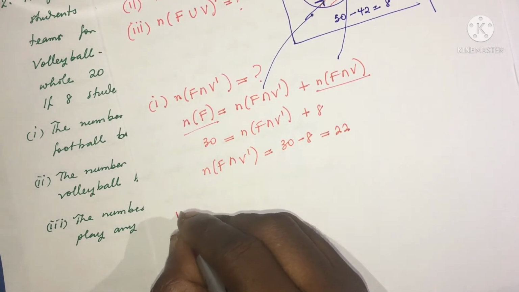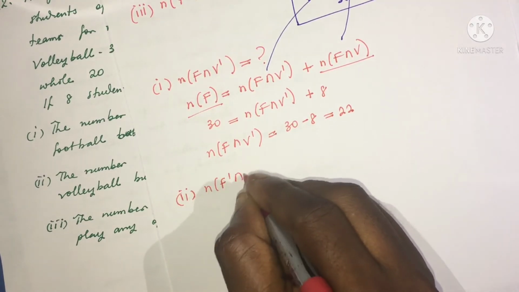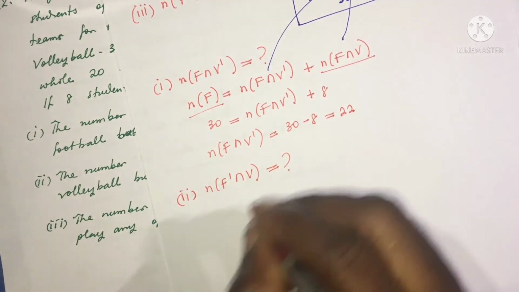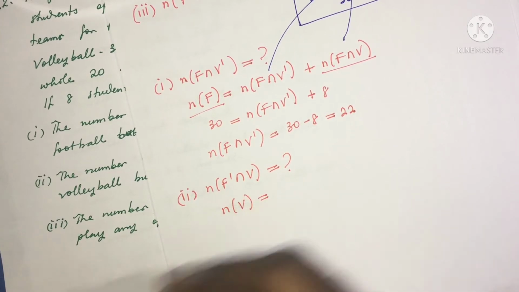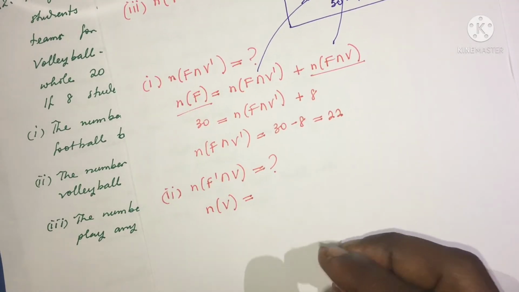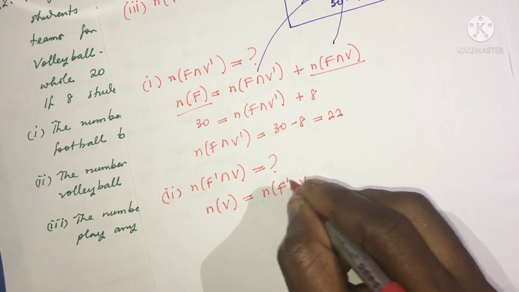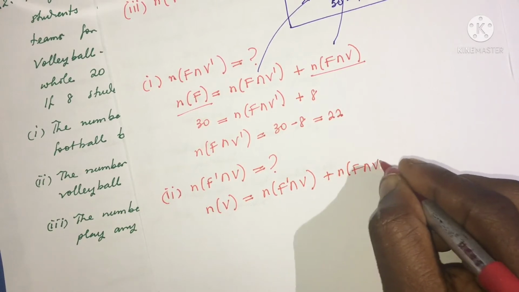Now, if you go to problem 2, n(F' ∩ V) is equal to what? Take note, n(V) can establish that relationship for us. So, n(V) is made up of n(F' ∩ V) plus n(F ∩ V).